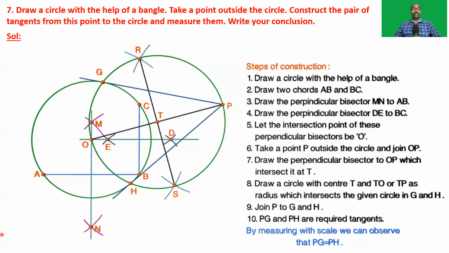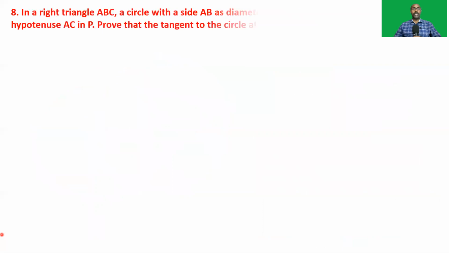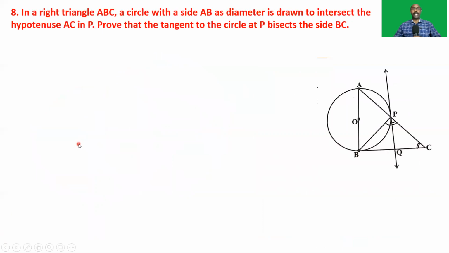Let us see the next problem. In a right triangle ABC, a circle with side AB as diameter is drawn to intersect the hypotenuse AC in P. Prove that the tangent to the circle at P bisects the side BC. So here the figure is given. It's very easy.